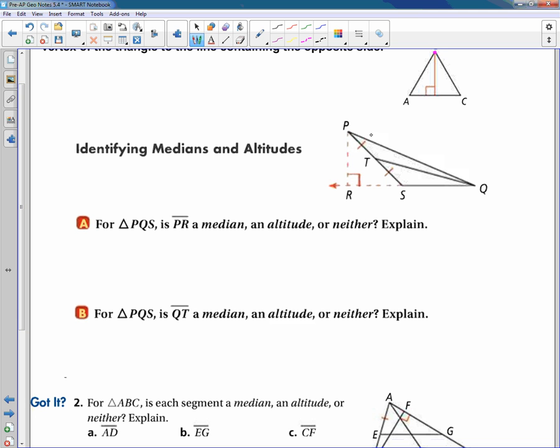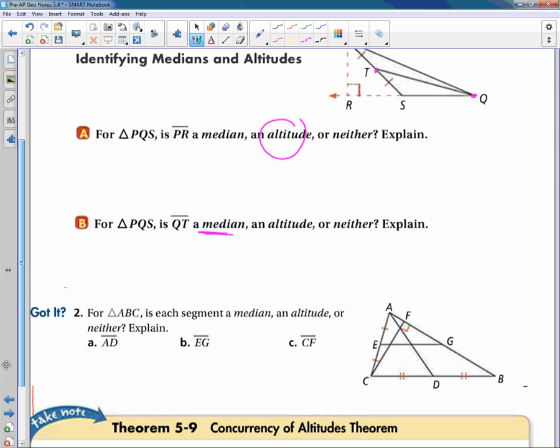So when we look at this one, we say for PQS, PR is an altitude, okay, because it goes from the vertex angle and it forms a 90-degree angle with the base, okay. For PQS, QT is actually going to be a median because it goes from the vertex angle to the midpoint, okay. T is the midpoint of PS, okay.